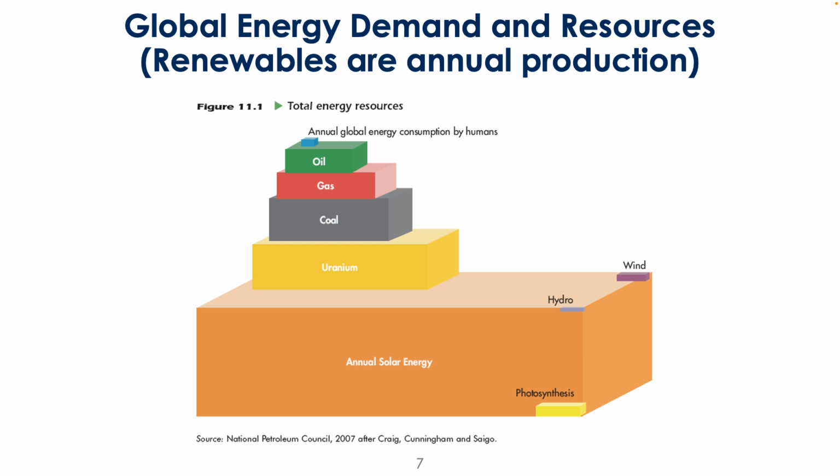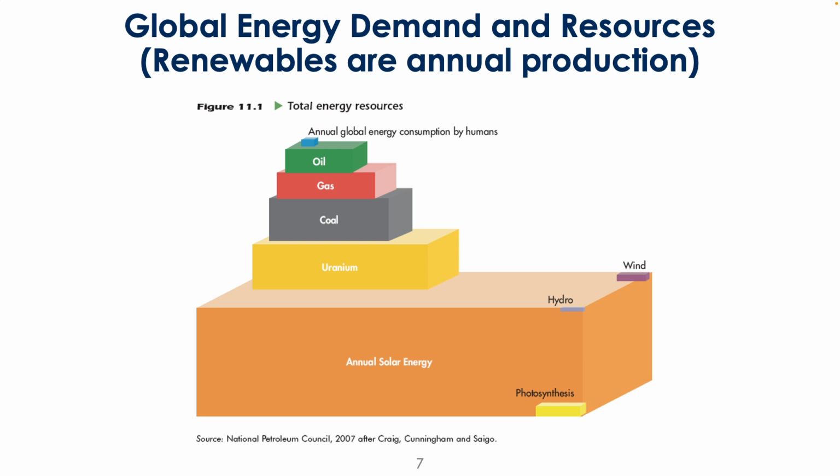Okay, and just to give some sense of scale of that, visually, you've got oil, gas, and coal as fossil fuels in comparison to our global energy consumption. Uranium that you would use for nuclear, and then the total amount of annual solar energy.